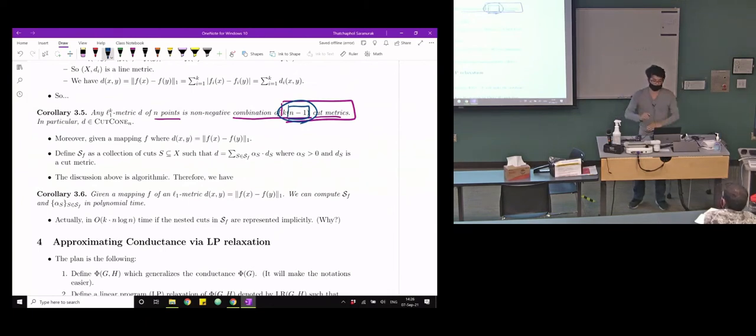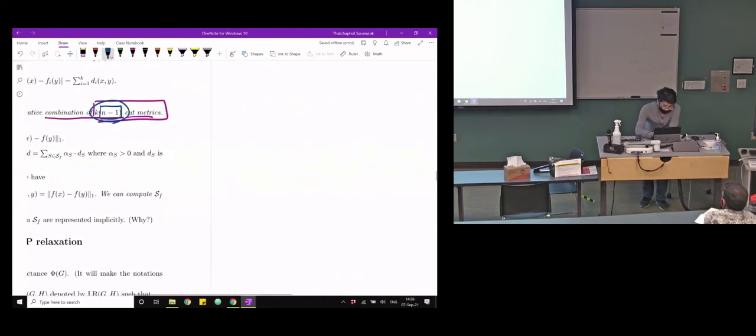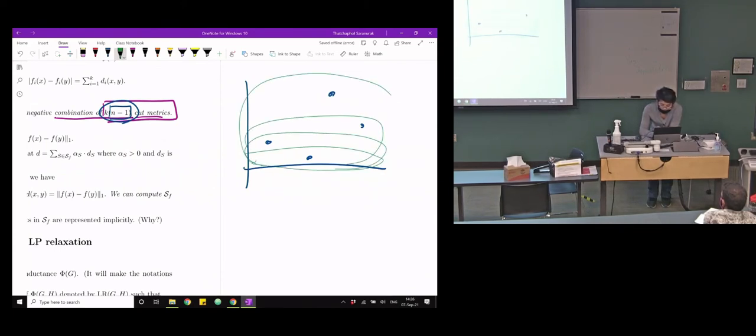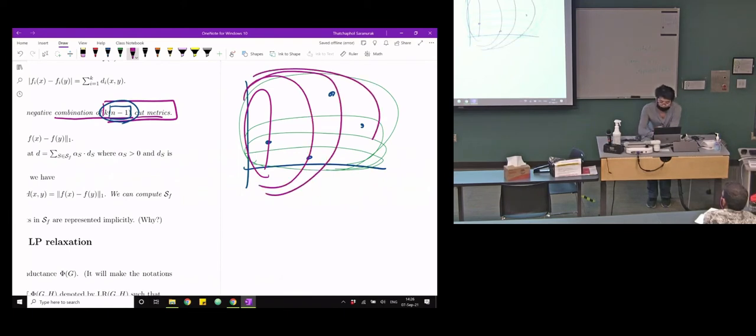Maybe it's easy to draw, maybe in 2 dimensions. Say you have these points. Then the first cut is here, the second cut is here, the third cut is here, and then you will have another set of cuts, which is this.